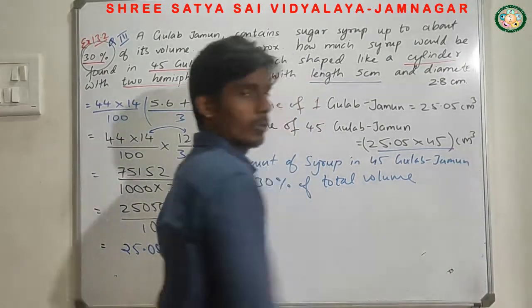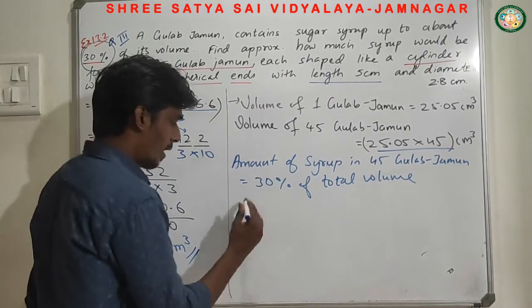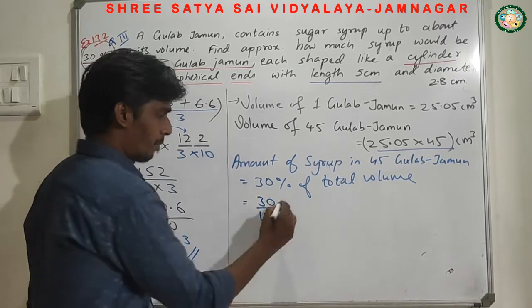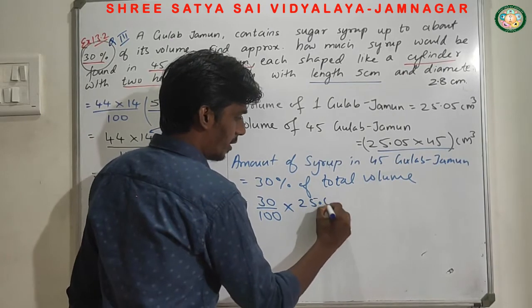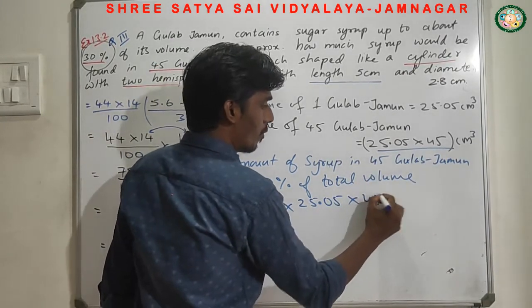Now this is total volume and 30%. As I remove this percentage sign, I have to take 100 in denominator. Multiply by the total volume, 2505 into 45.